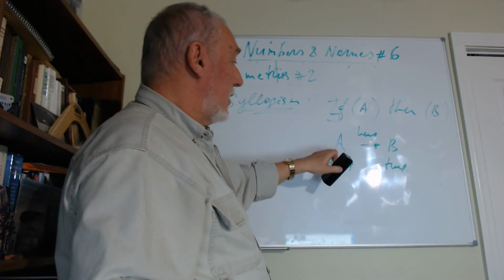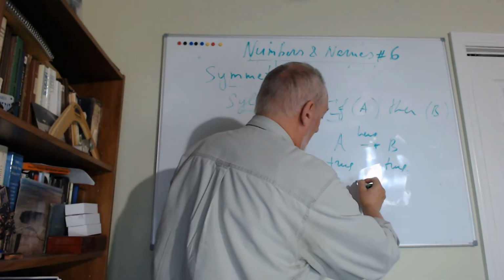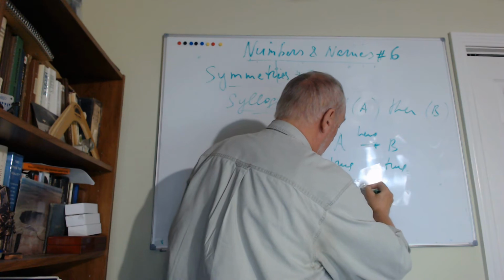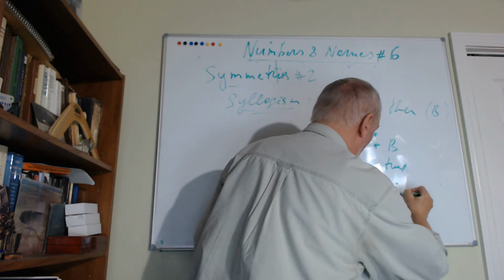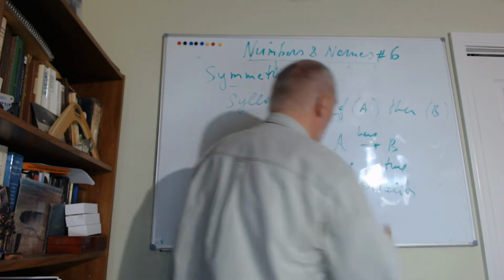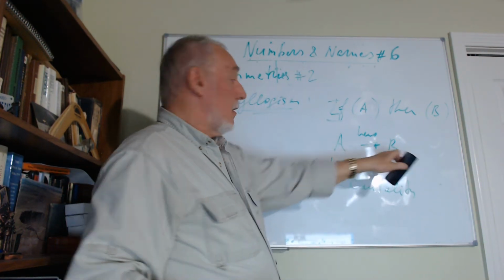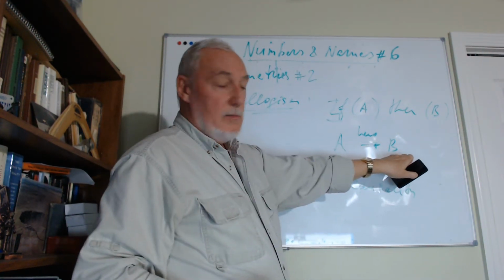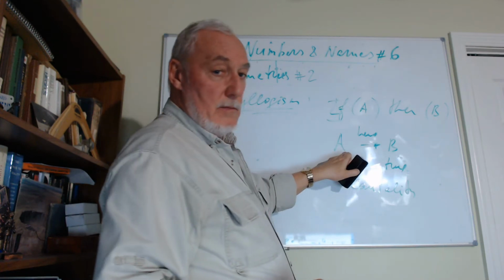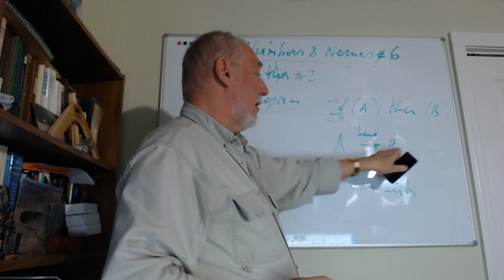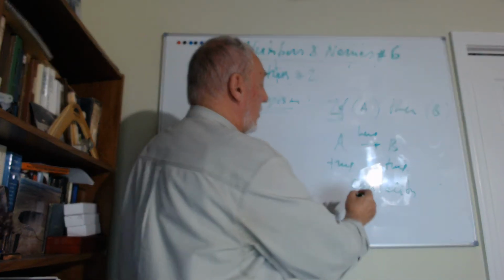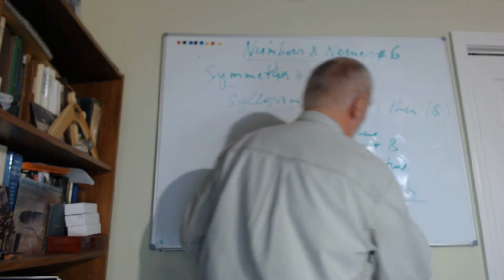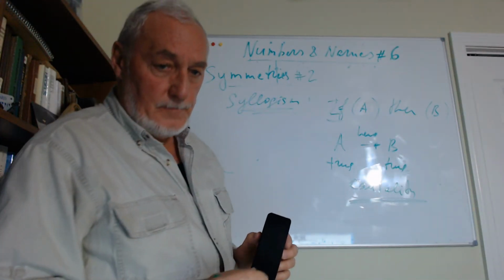The same thing in physics is called causality. A is a cause of B; B is caused by A. So if A happens, then B happens. This is called causality, which is a very important thing in physics.